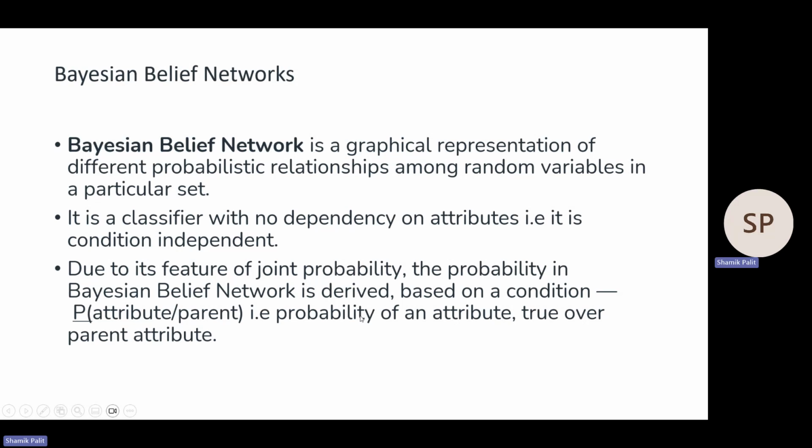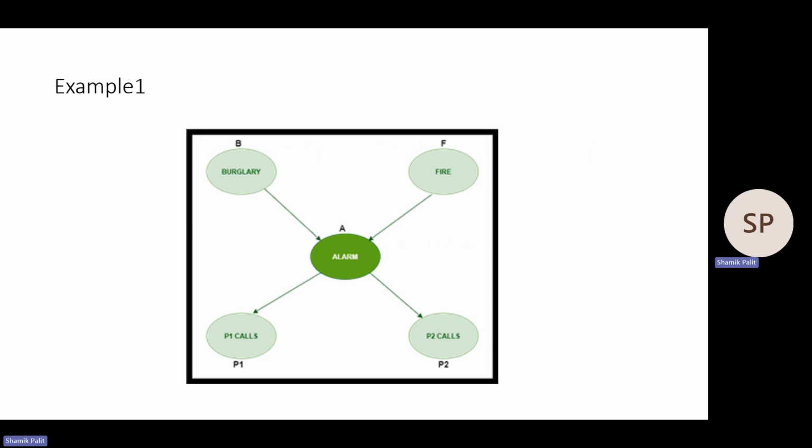Let's do one particular example to explore this idea of how BBN can be utilized in any specific scenario where it's required to make use of any machine learning model. So if we consider this example where we have taken an alarm, and here we are focusing on the triggering of the alarm, which depends on two specific conditions. One is burglary or fire.